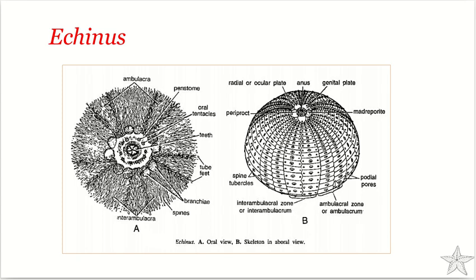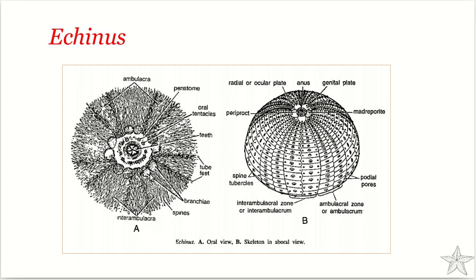Each ambulacral area has 2 rows of tube feet. Over here you can see the podial pores, the openings for the tube feet. So 2 rows of podial pores or tube feet are arranged regularly from the aboral to the oral surface, running between the periproct and the peristome.